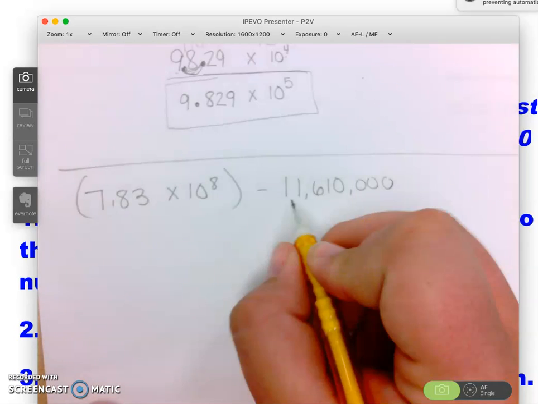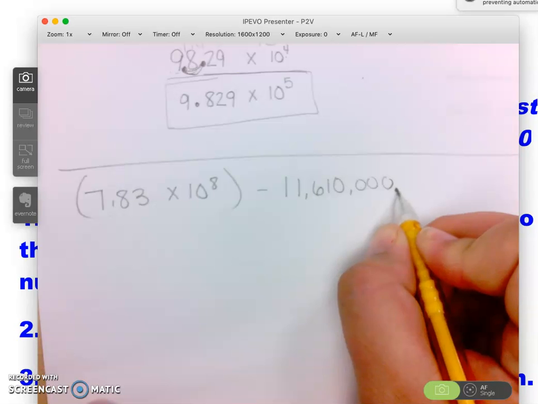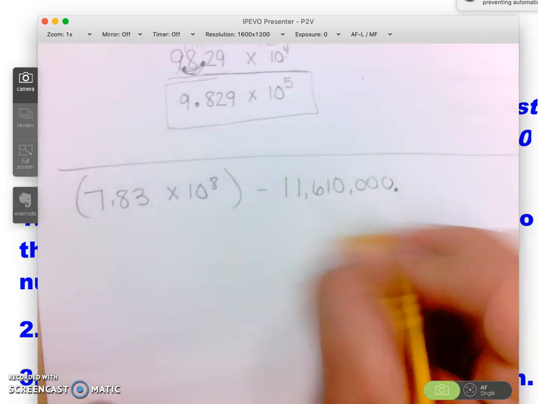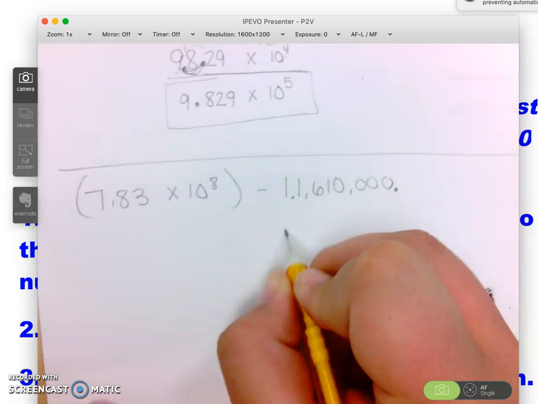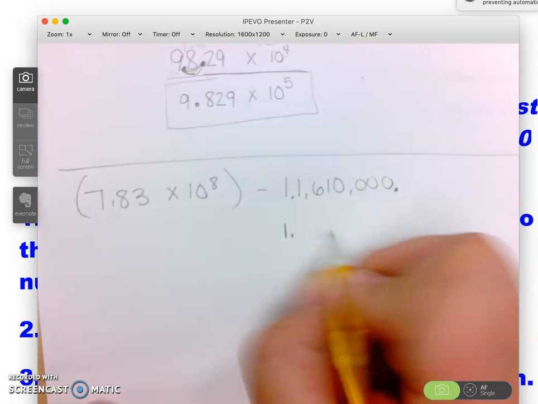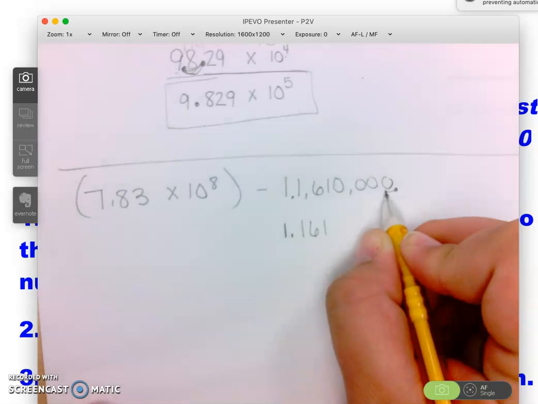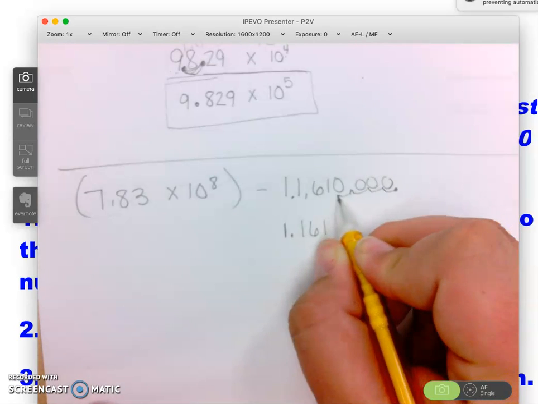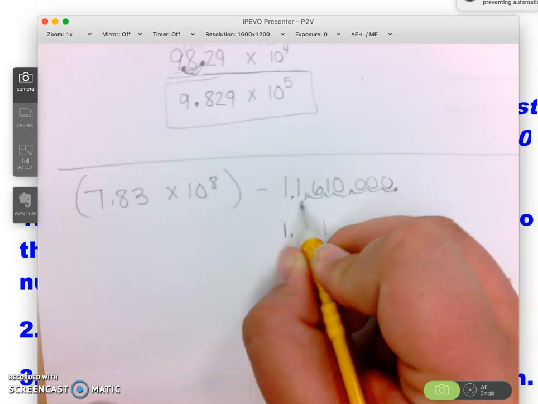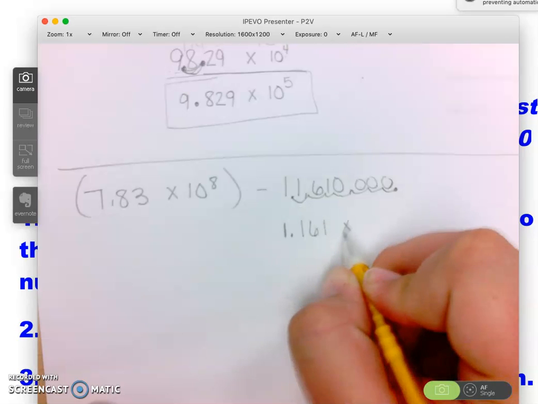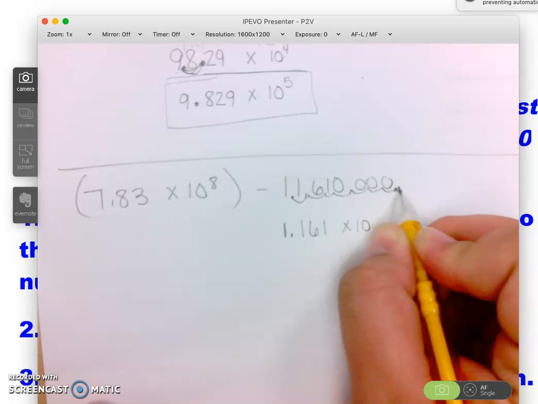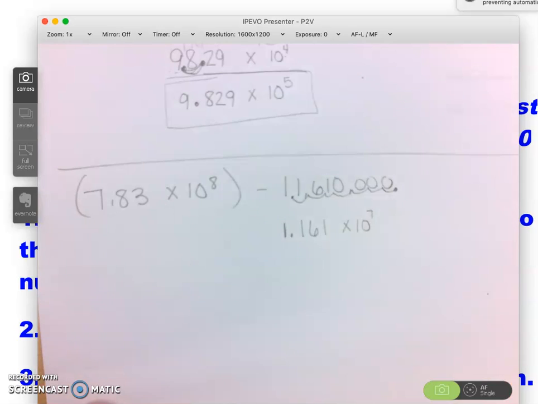Okay, so again, my decimal is invisible right now, and it's right here. And I want it to move all the way to here. So this would be 1.161, and I would be moving it 1, 2, 3, 4, 5, 6, 7. So times 10 to the 7th. Remember, this number is getting smaller, so this is getting bigger.